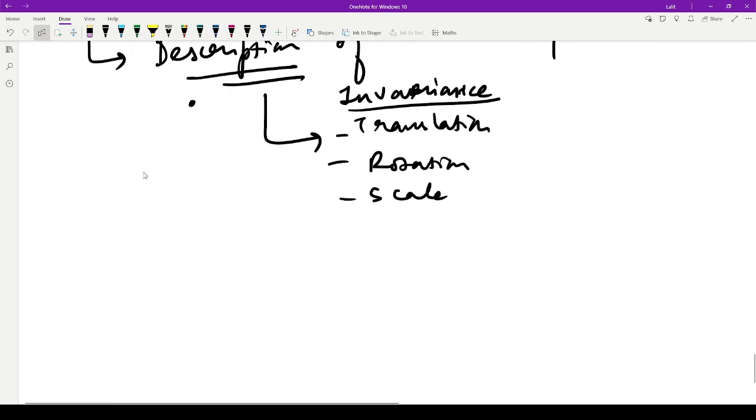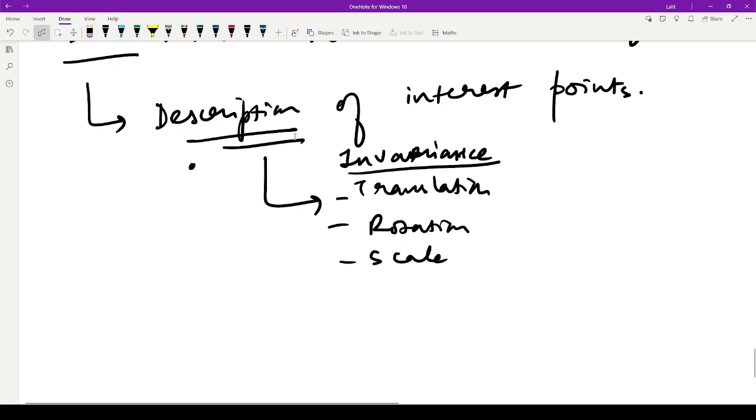So even if I rotate a point out there, although the detected point should be rotated equivalently, the description of that point should not change. It should still be the same. Whether I translate or rotate or scale, the description of a point should not change. So that's the main motivation of SIFT, why it exists.